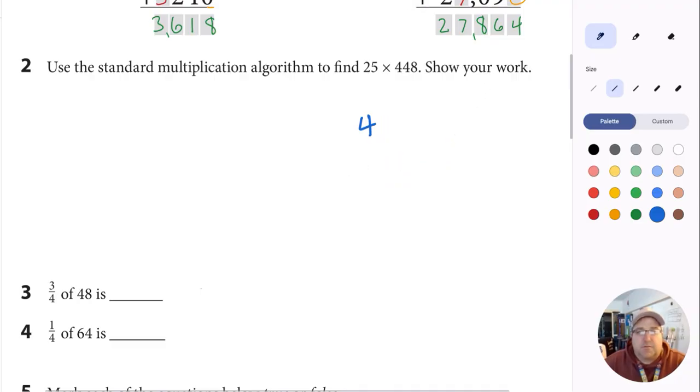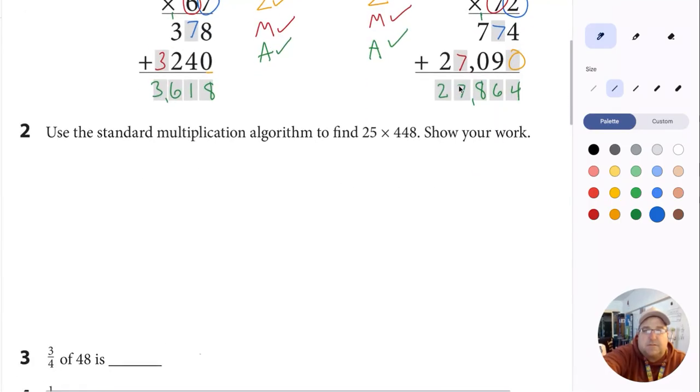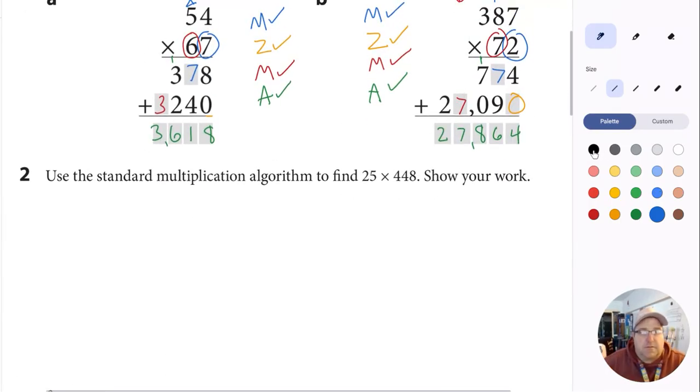Let's not use blue. I'll keep the same color patterns. Let's write it in, and we'll go brown, why not? And I guess we don't need it so thick. 488 times 25.